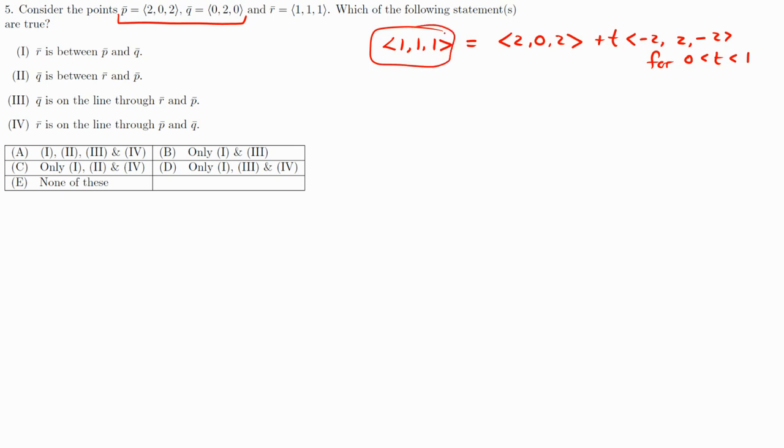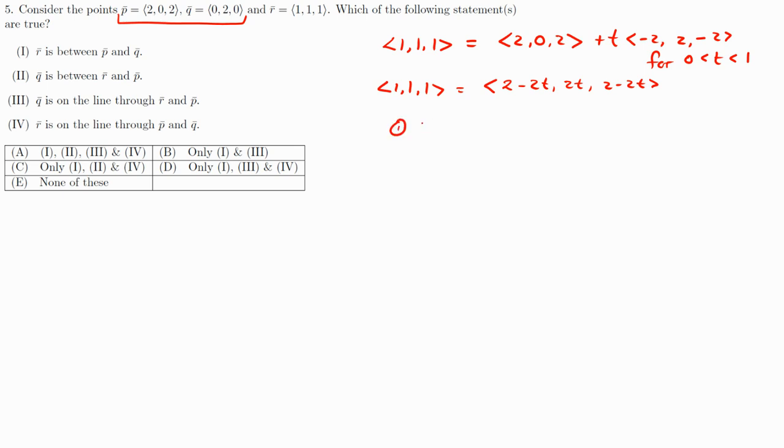This will only be between those two if t is between 0 and 1. So let's go test this. So 1, 1, 1, and this side we have 2 minus 2t, 0 plus 2t, which is just 2t, and then 2 minus 2t.